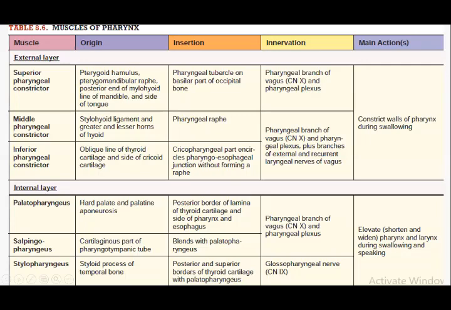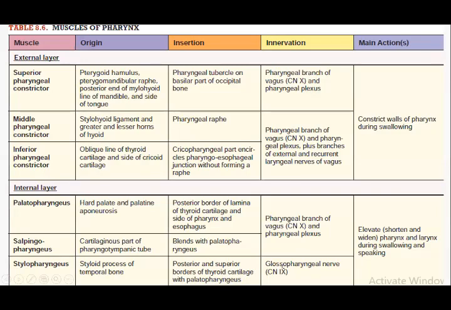Okay. Now अब ये भी दोनों 10th cranial nerve से supply हो रहे हैं. Then comes the last muscle, stylopharyngeus, from the styloid process to the pharynx. From thyroid cartilage की side पे.